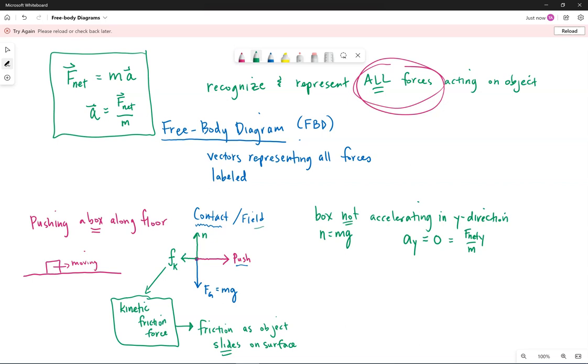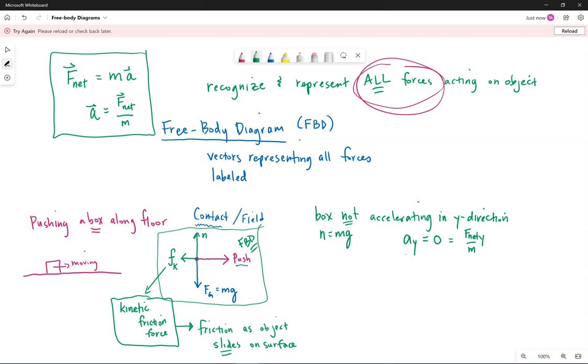When I come back to this free body diagram, so this picture with the dot and all these forces, the vectors representing each individual force are labeled with what force they are representing. In my picture, the only forces we have in the y direction are the normal force and the force of gravity.